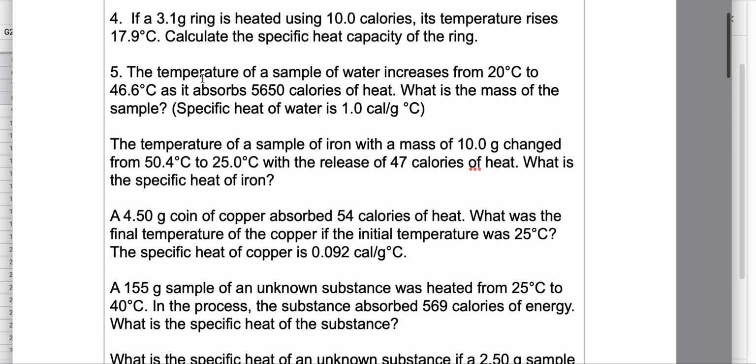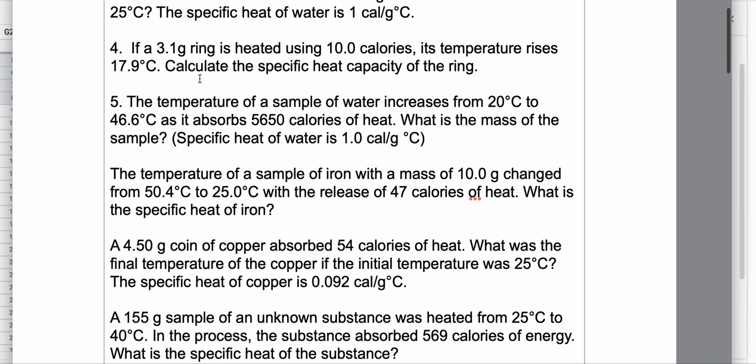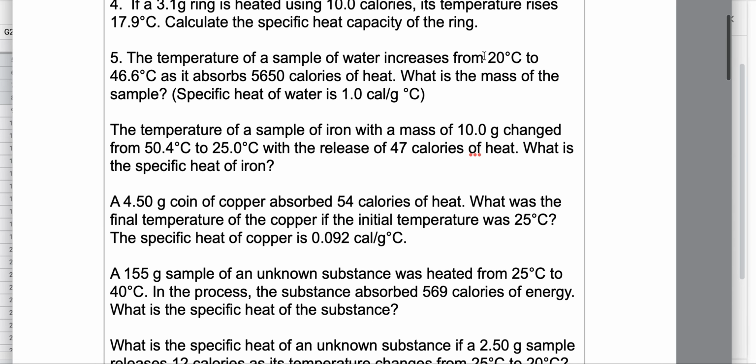So in number 5, here it goes from 20 to 46, so you have to subtract those to find the change in temperature. And it absorbs this many calories, so that's the heat. And here's the specific heat capacity of water in calories per gram per degree Celsius.